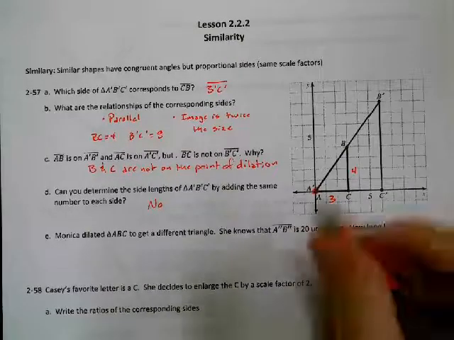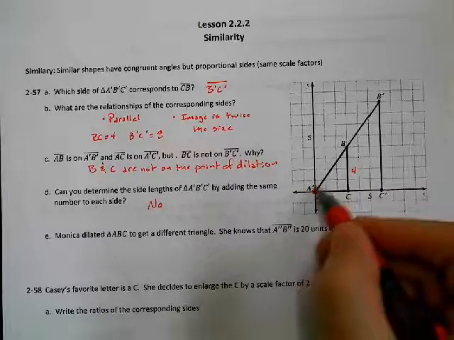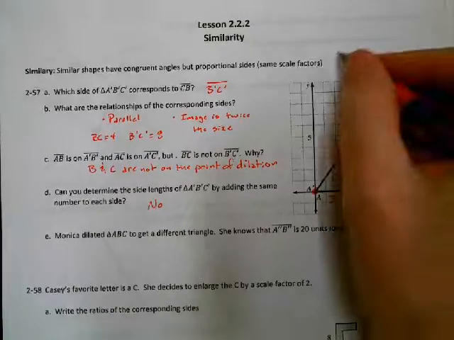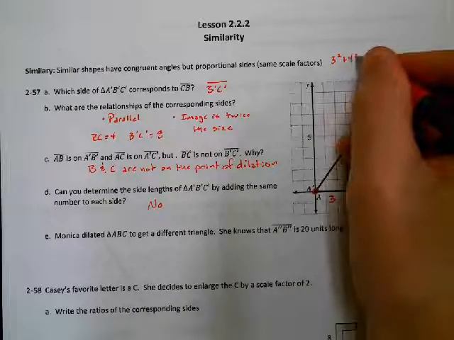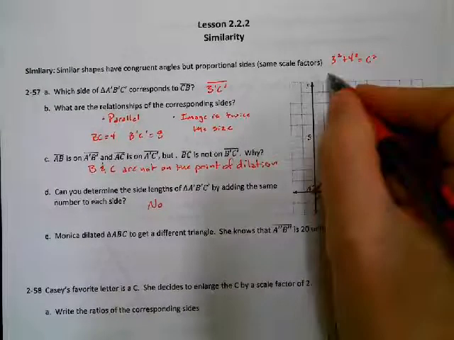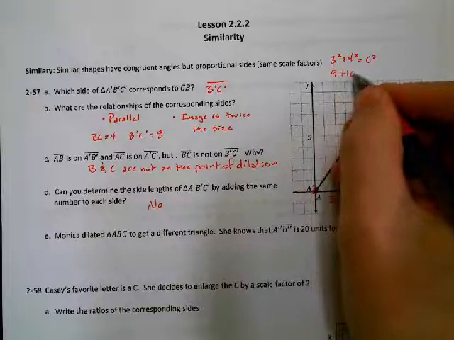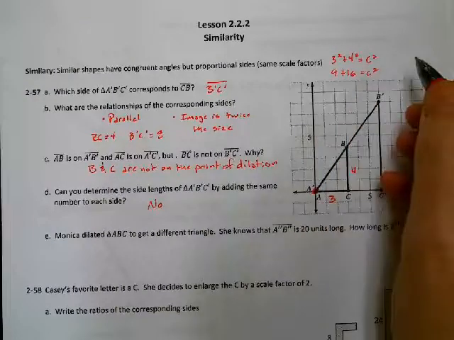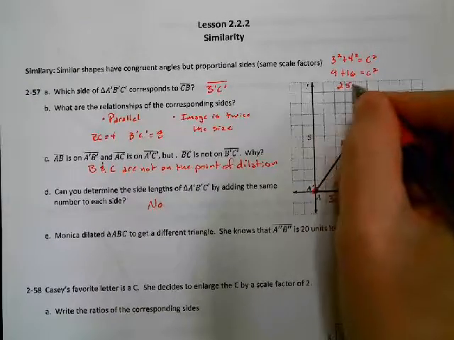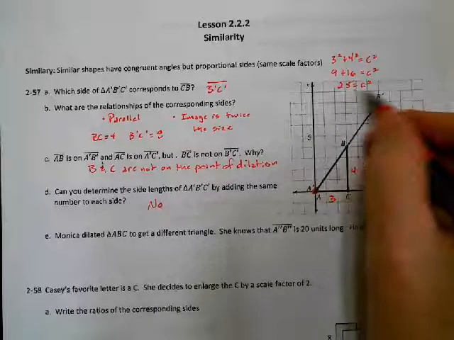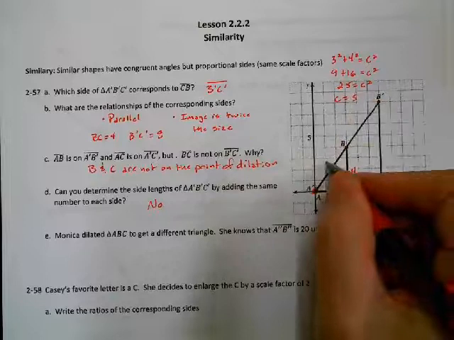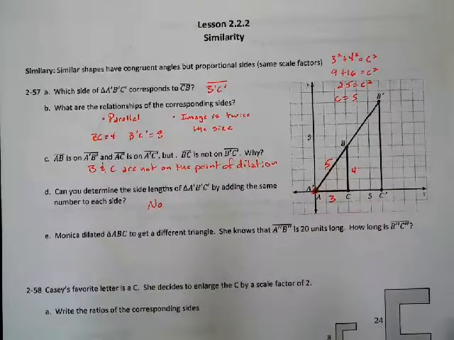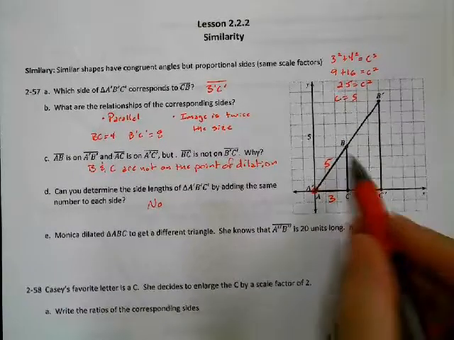Pythagorean theorem. So to find out what AB is, we would do 3 squared plus 4 squared equals C squared. And we get 9 plus 16 equals C squared. That's 25. And then if I take the square root of both sides, I find out that C is 5. It's a 3, 4, 5 Pythagorean triple. So hopefully you notice this pattern.